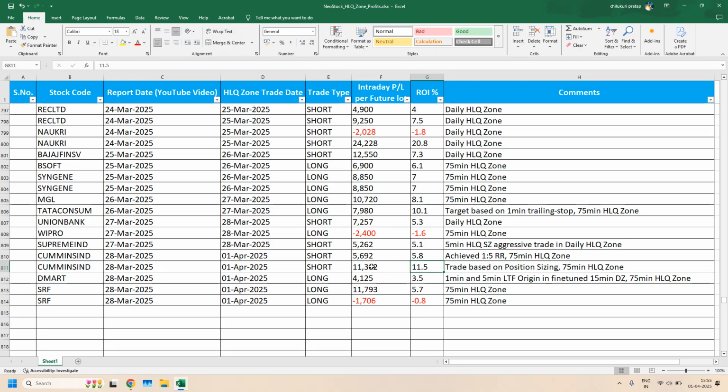Because we calculate ROA based on our investment, and we always calculate based on futures margin cost. Here it looks like we lost 1,700 rupees, but ROA is still only 0.8%, because the margin cost is around 2 lakh 7,000 rupees. So this is about SRF, both the trades.